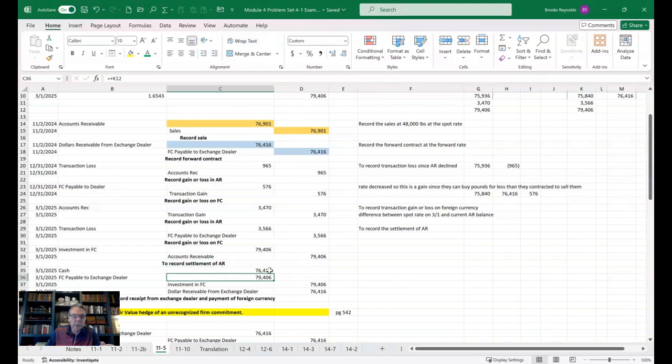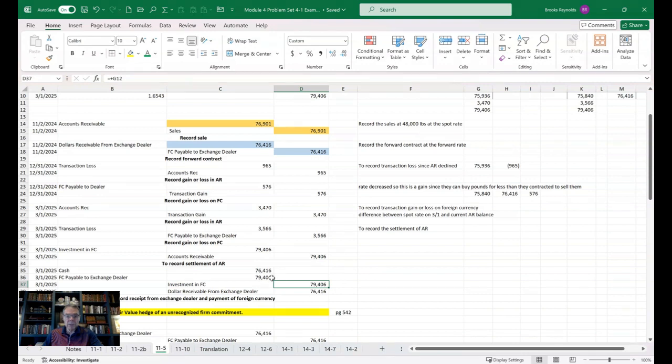So we're going to give up the pounds. So we've got the foreign currency payable to the dealer, which we've given them. So this goes away, and 48,000 pounds is now worth 79,406. We've got the other pounds, okay, that we received from the customer.